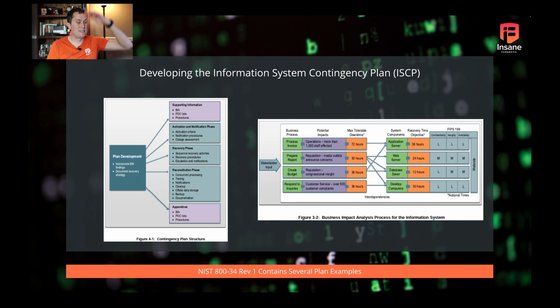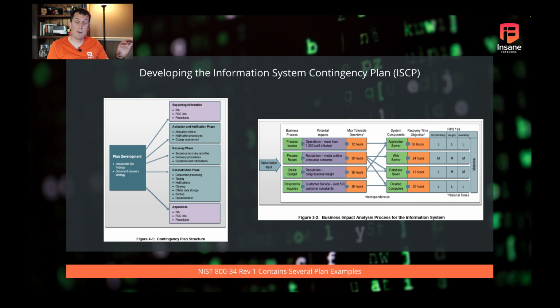Those three phases of the ISCP, outlining it in that document, you're then going to have that roadmap, just like you do on the incident response plan, to say, hey, if I have to activate this, there's going to be no surprises on what my process looks like as I'm working down this.